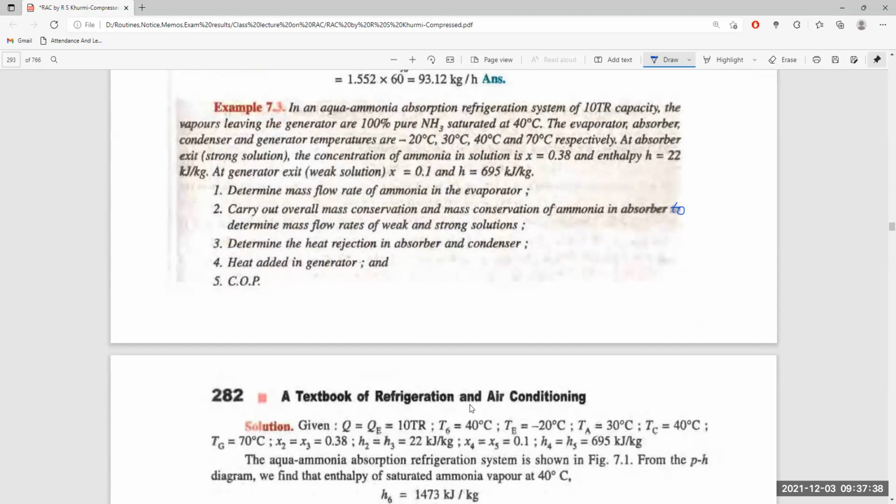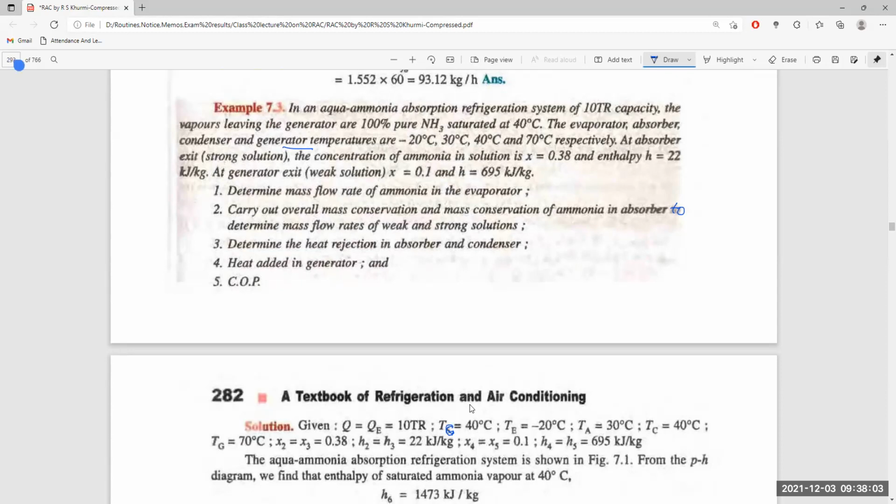QE is equal to 10 ton. TG, not T6, the temperature of the generator is given as 70 degrees centigrade. TC, the temperature of the condenser, is 40 degrees centigrade.